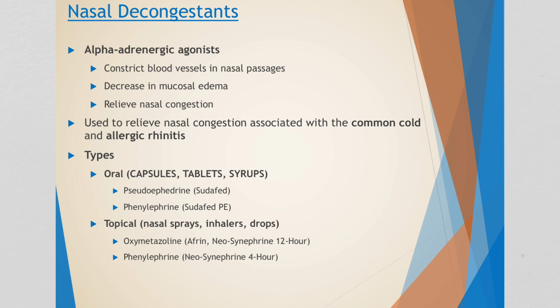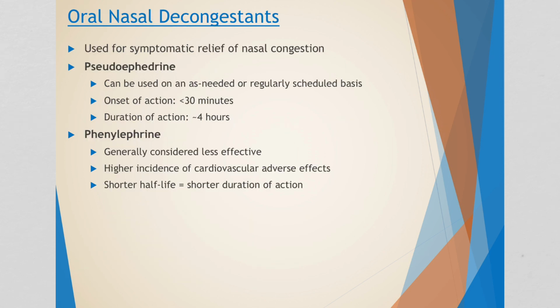Or we can go directly to the space, the nasal passage, and work through contacting those alpha adrenergic receptors in that particular way. Oral nasal decongestants, to be more specific, are used obviously to reduce symptoms of a patient who is congested, right?